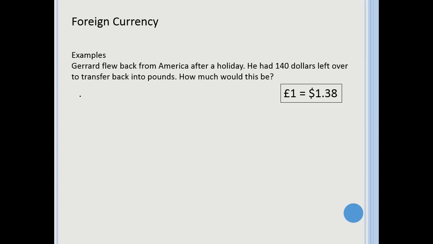So we're going to have dollars divided by my exchange rate is equal to my pounds. And again, I'm not expecting you to write that out every time.